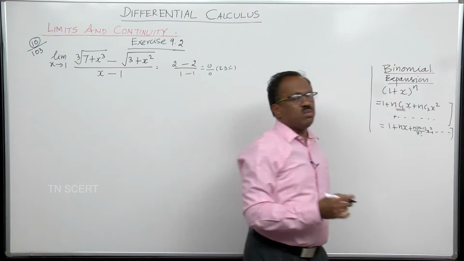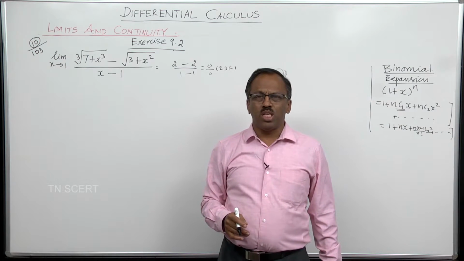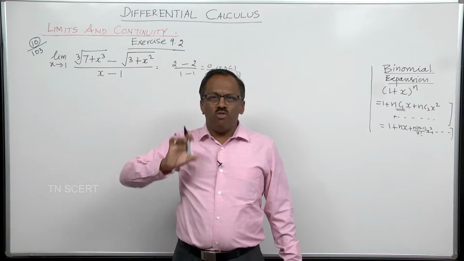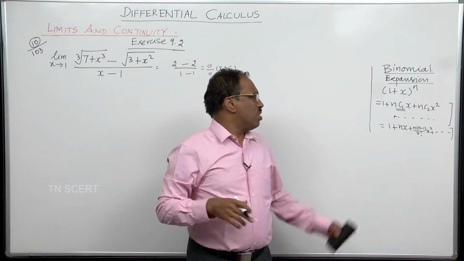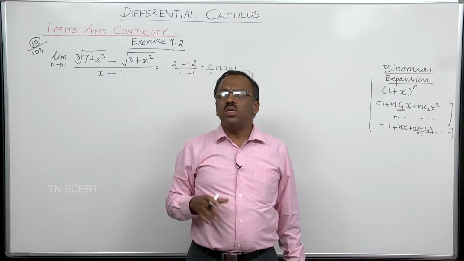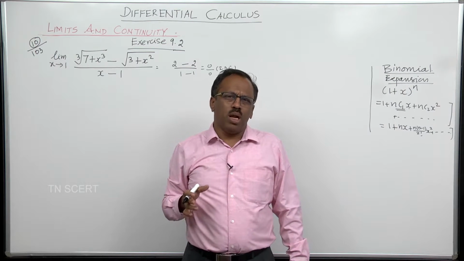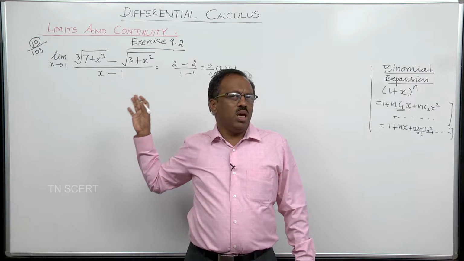This is the binomial expansion. I wish to express this in terms of binomial expansion so that I can get the solution in a simple manner by taking the limit x tends to 1.